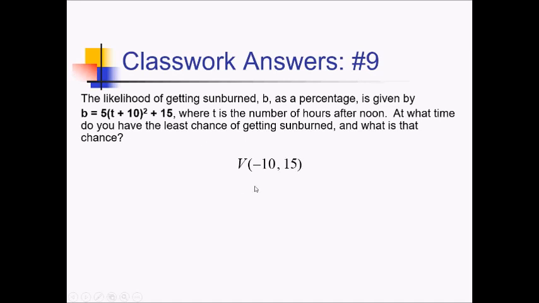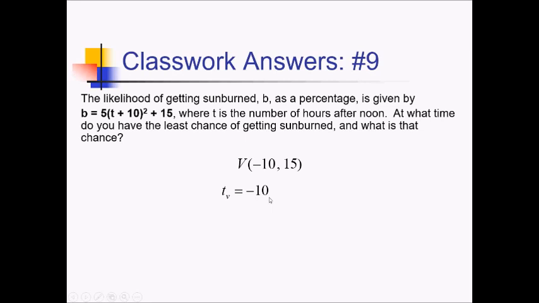Okay, so we have negative 10 as the input value. That's telling us the time at which we have the least chance of getting sunburned. So we have a time of negative 10 hours. But since t represents hours after noon, this is saying 10 hours before noon is our least chance of getting sunburned.